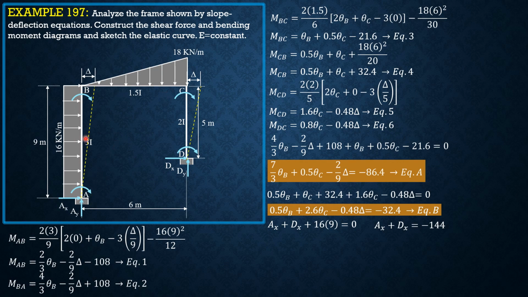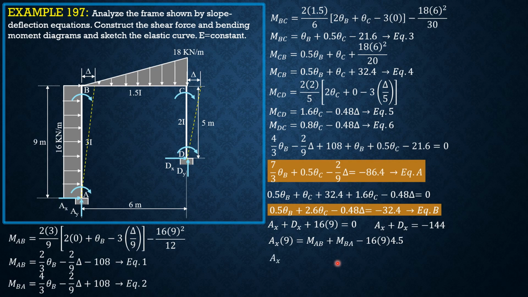So summation of moments about B, considering column AB: we have Ax times 9 plus 16 times 9 times 4.5 equals MAB plus MBA. So Ax times 9 plus 16 times 9 times 4.5 on the left side, transposed to the right side, becomes negative, equals MAB plus MBA, which is this.